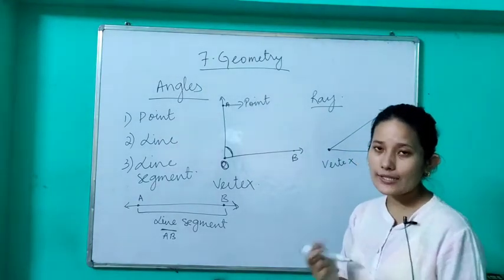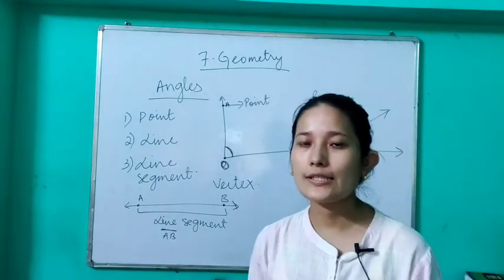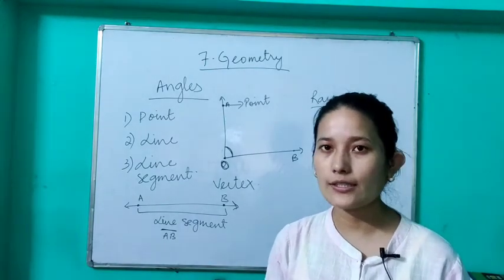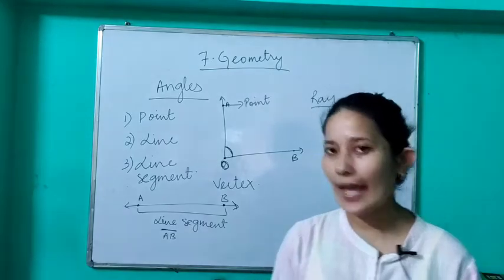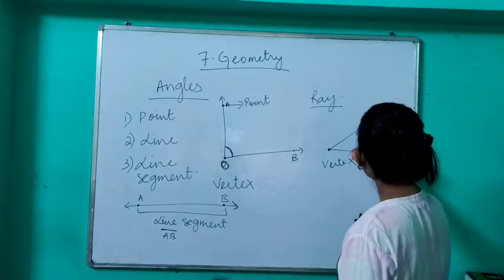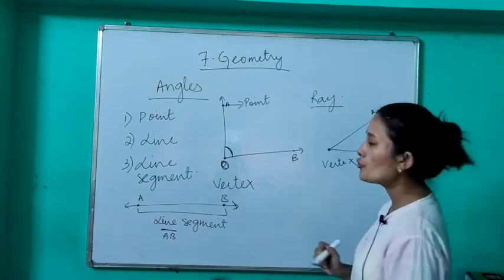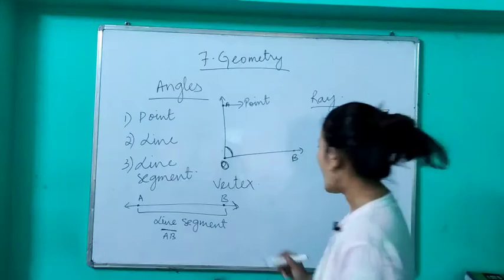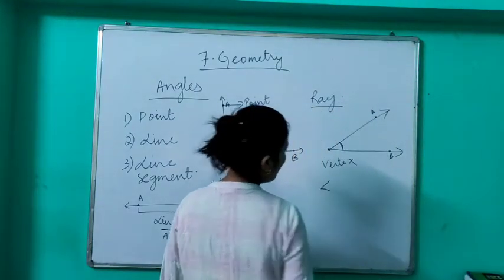Okay, now next we will be understanding the different types of angles, but before that let us understand how to name an angle. Okay, so if you are given a fixed point here A and a fixed point here B, now how do you name this angle? How do you write the name? Angle is denoted with this sign.